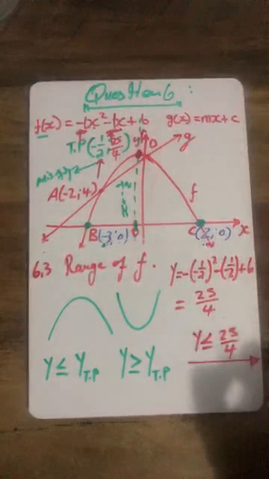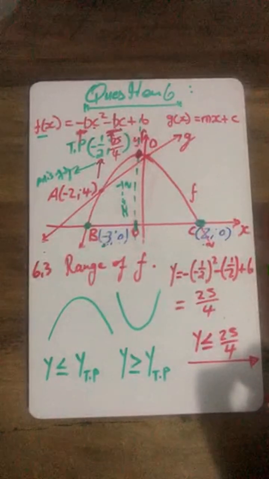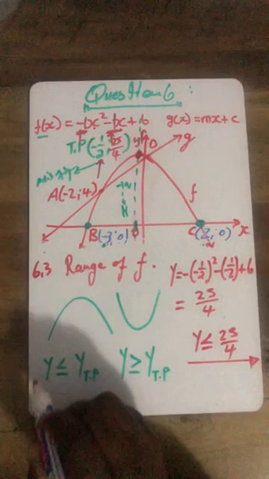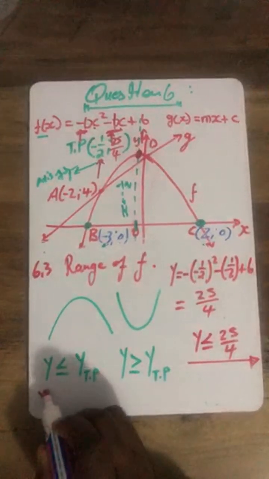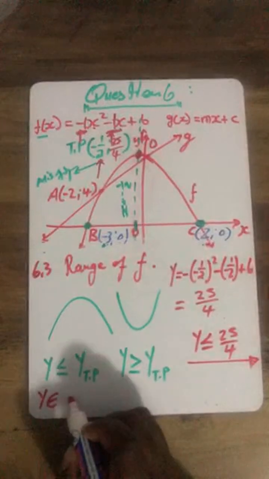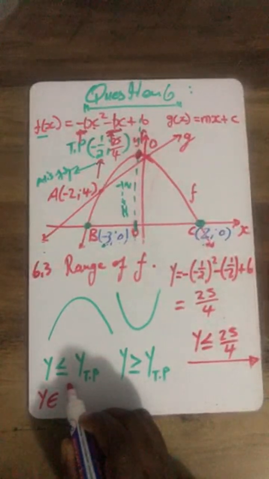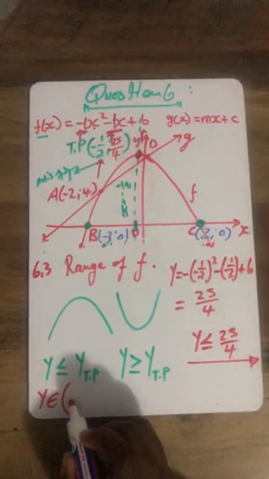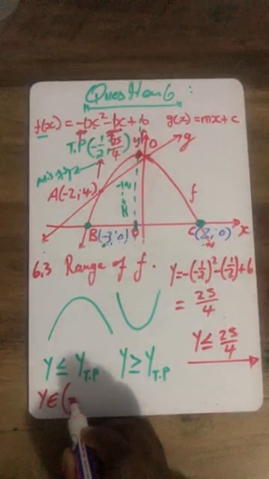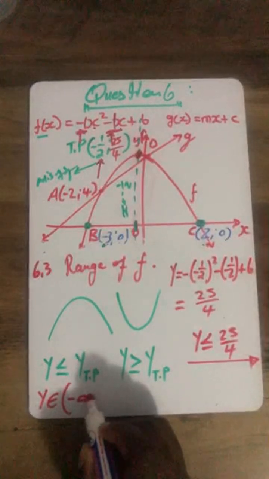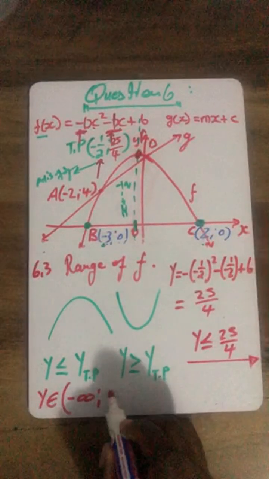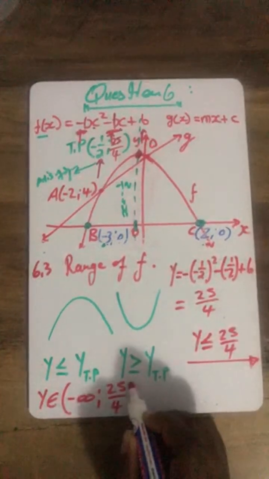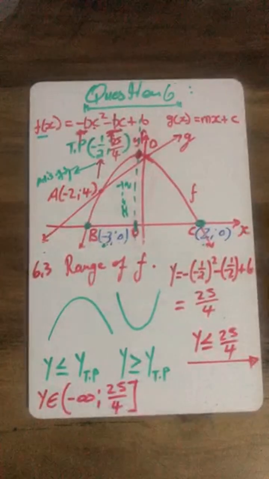Then you are done. So there are those who want to write it in the complicated way. You might find that for this one, you will therefore say y is an element of, then you will have this curved bracket on this side, and I think you are going to have negative infinity, and then on this side you would have 25 over 4, but with a square bracket.